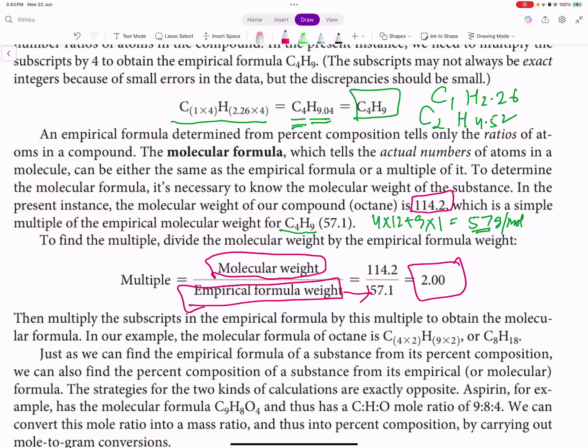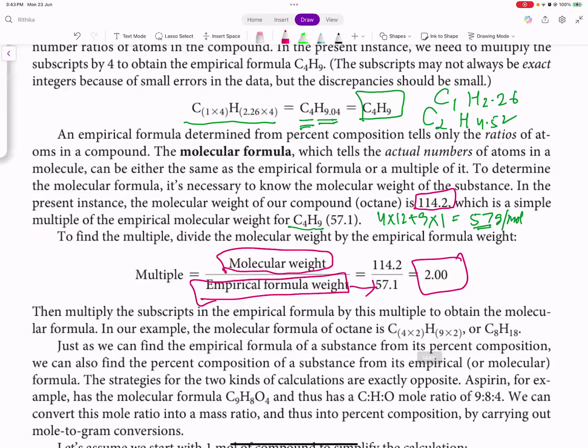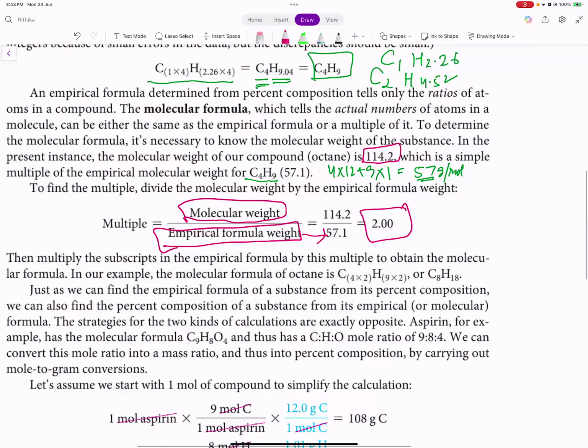It's given. They give the molar mass, you calculate the empirical formula mass and you divide, and then you get the number of units. So there are 2 units. C4H9 was my empirical formula, but I have 2 units. So if I multiply, I'll get C8H18, right?